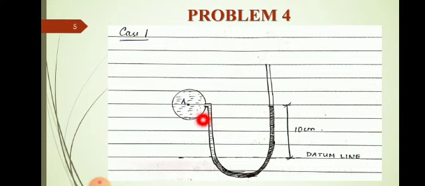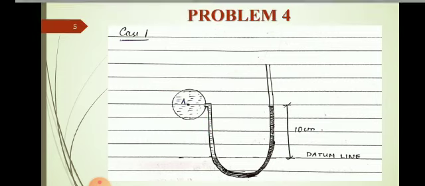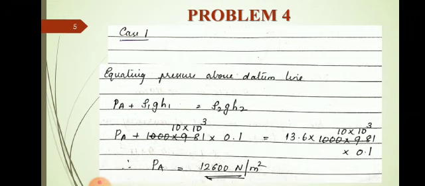You have the pressure at the center of the pipeline, which is PA, and also the pressure due to water up to a height of 10 centimeter. So how will you write the equation? PA plus rho 1 g h1. Rho 1 and h1 stand for the density and height of water.